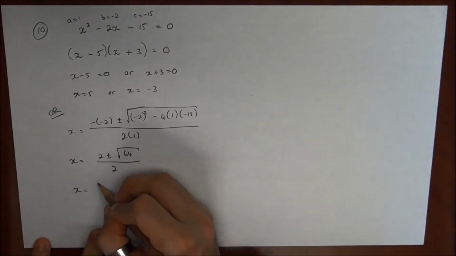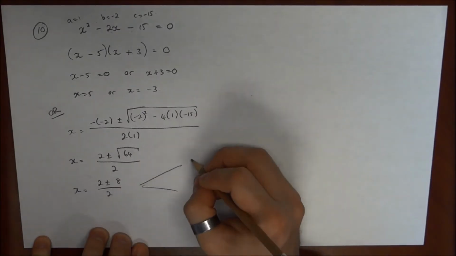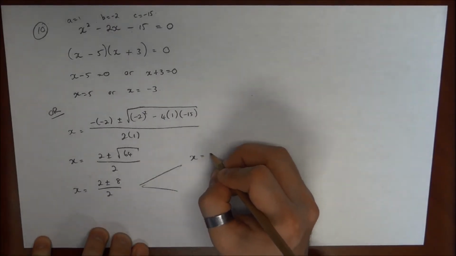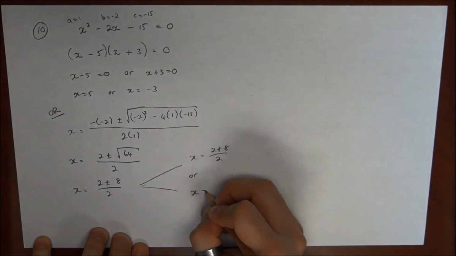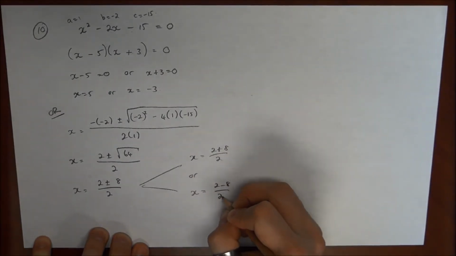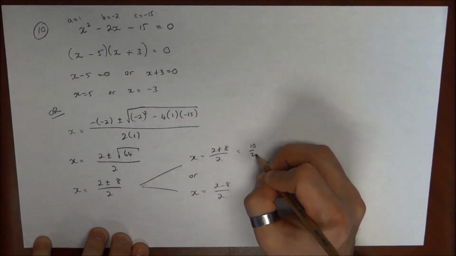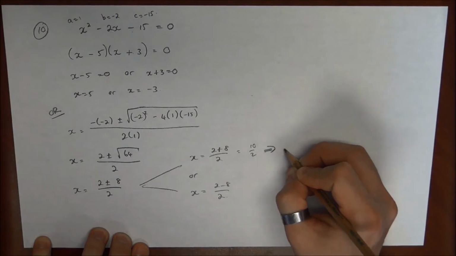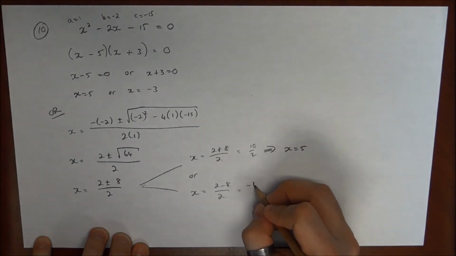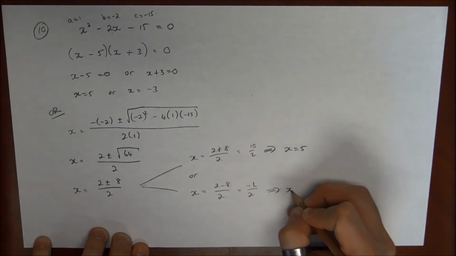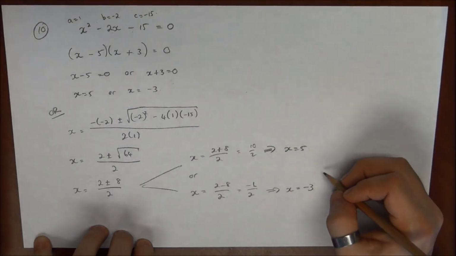Well, square root of 64 is 8. Now it splits into 2. X equal to plus 8 over 2, or x equal to minus 8 over 2. This one is 10 over 2, so x is equal to 5. This one is negative 6 over 2, so x is equal to negative 3, same as before.